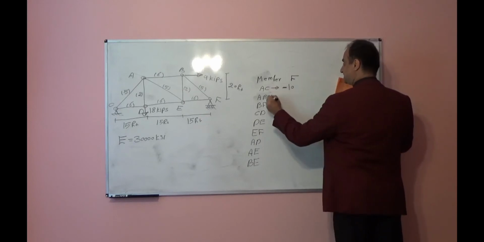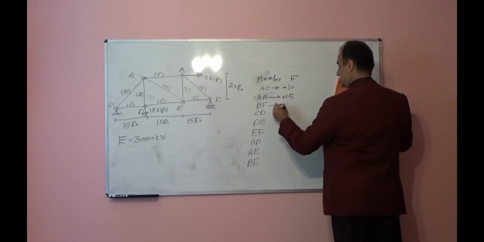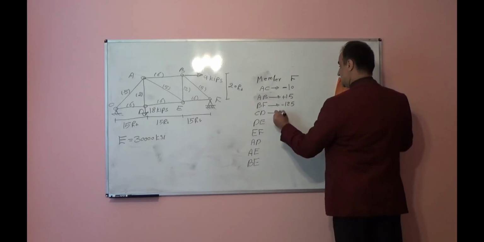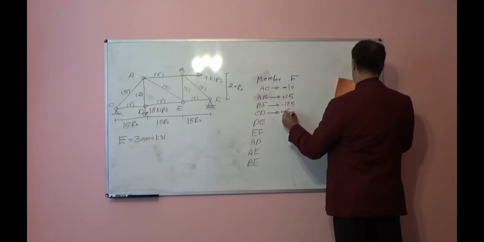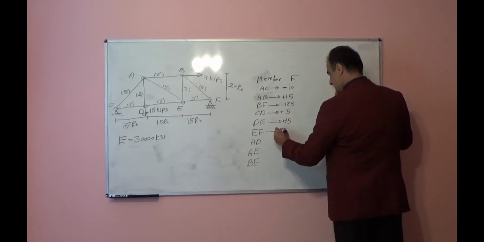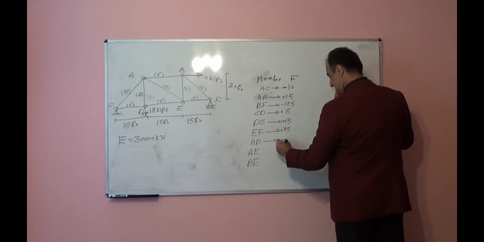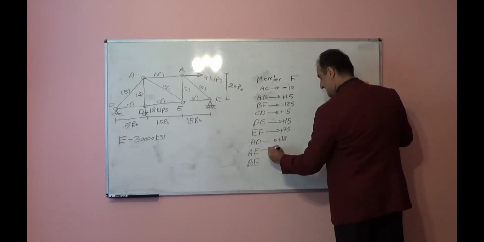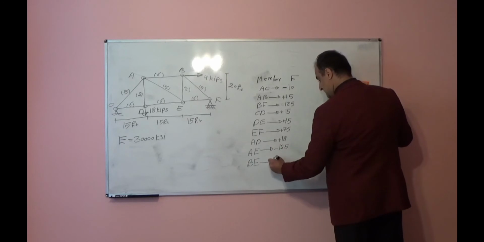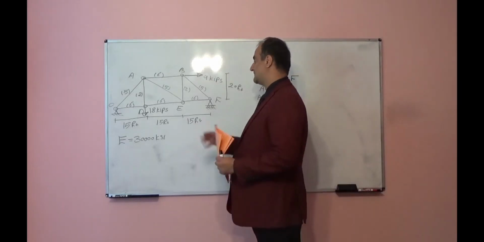Negative 10, positive 1.5, negative 12.5, positive 15, positive 15, positive 7.5, positive 18, negative 12.5, positive 10. So I have this truss.